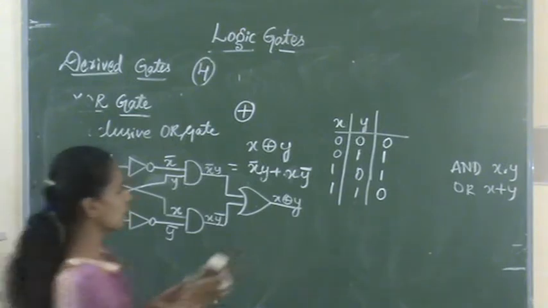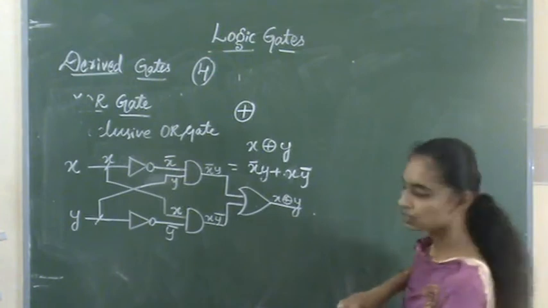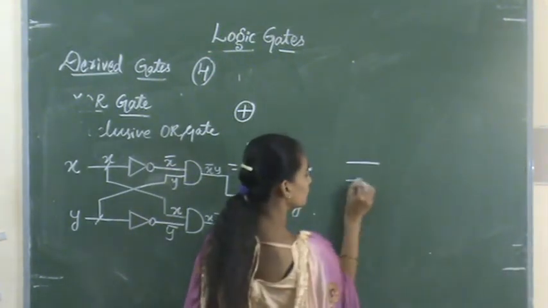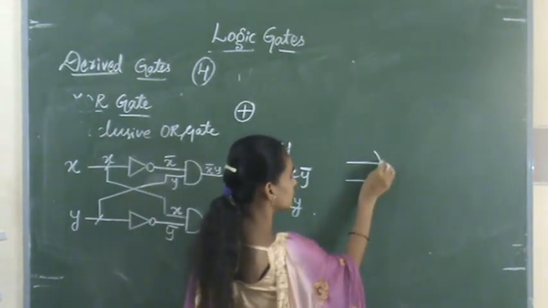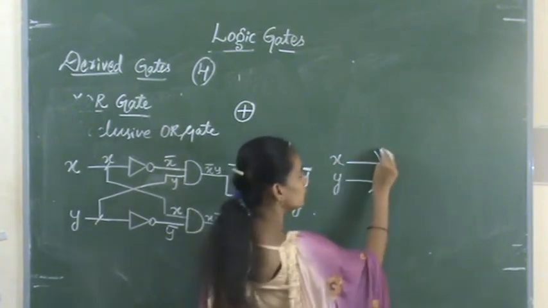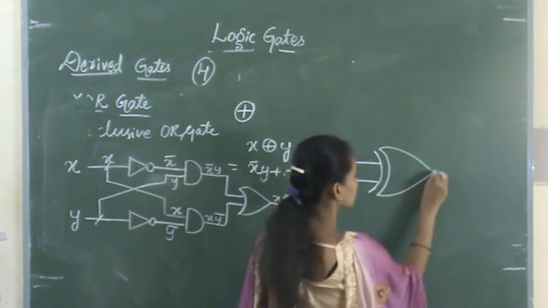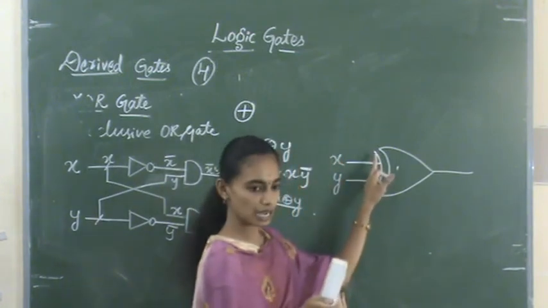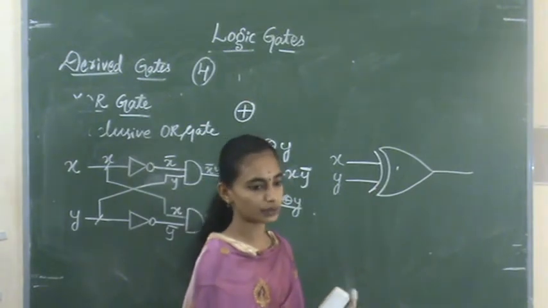So the simple logical symbol for XOR: we provide 2 inputs, x and y, with one arc for them. We know this is the symbol to represent OR, and without this curve it is OR.